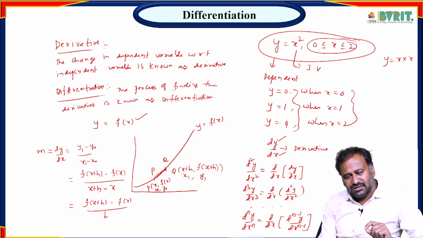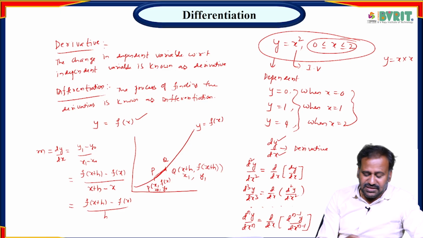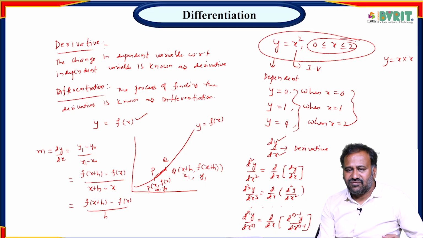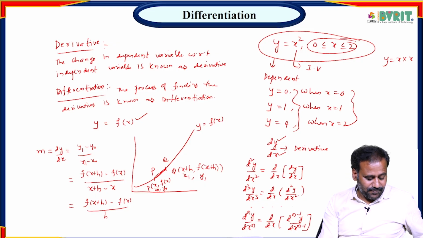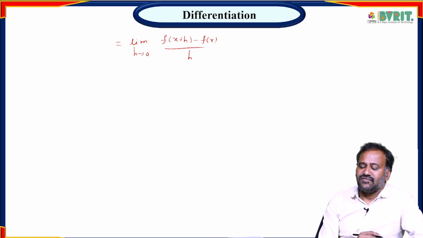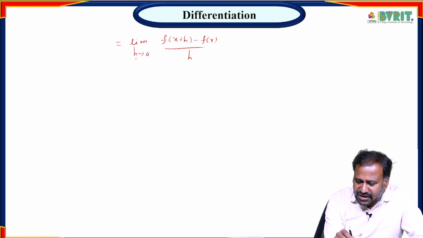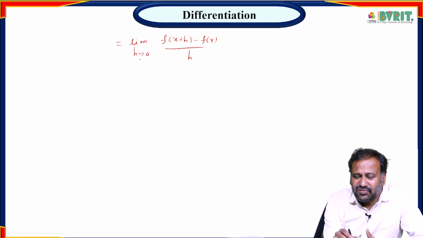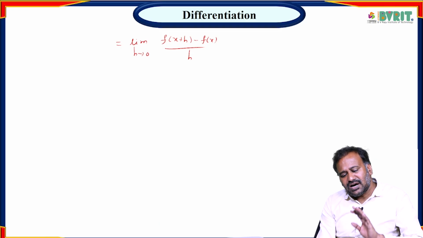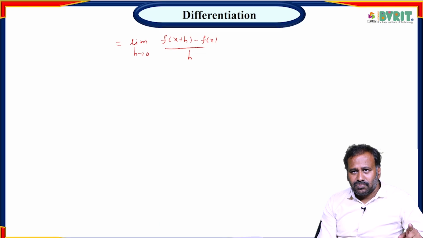This h will be very small, and that will give us the derivative of the given function, which is nothing but the slope here. So the meaning of this is: the smaller the h value we take, the faster the point Q reaches P.